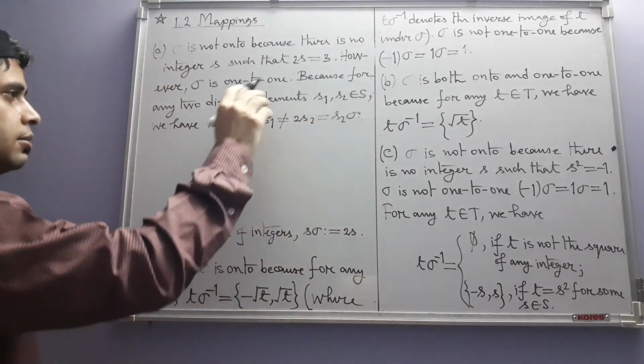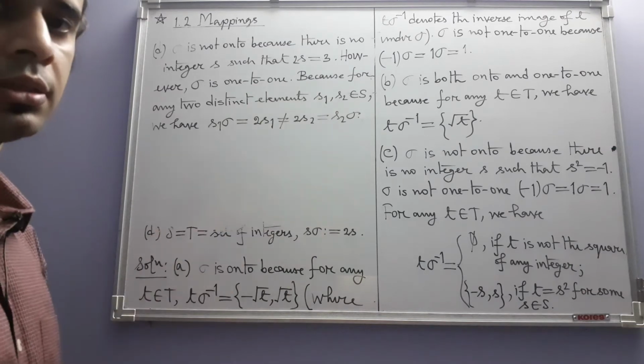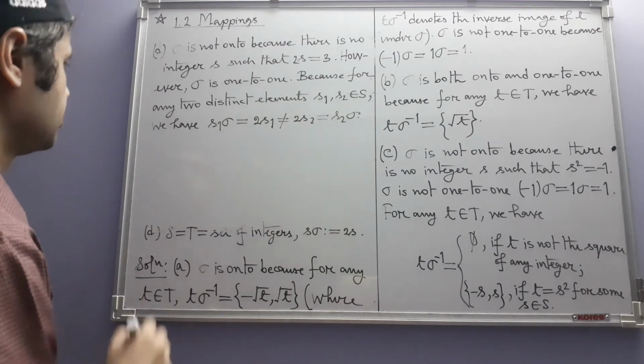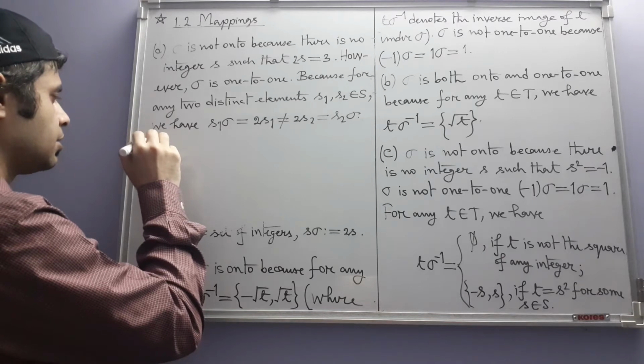So distinct elements have distinct images, so that's why it is one-to-one. Okay, now what about the inverse image?